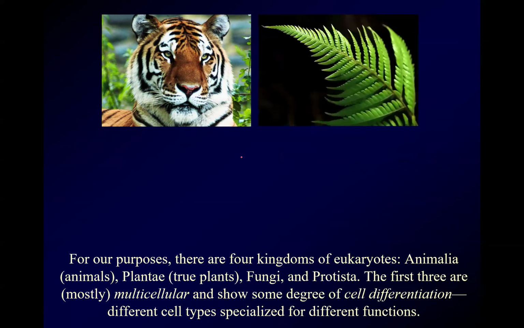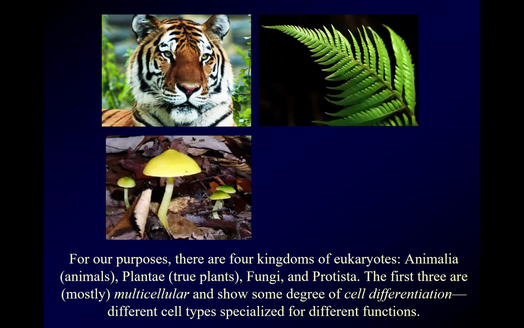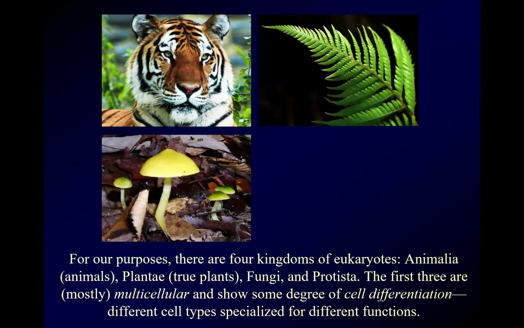The kingdom Plantae contains true plants, everything from ferns and trees to grass and mosses. And the kingdom Fungi. Fungi includes the ones you can think of off the bat would probably be things like mushrooms, bread molds, bracket fungi, yeasts. All of those go in the kingdom fungi.